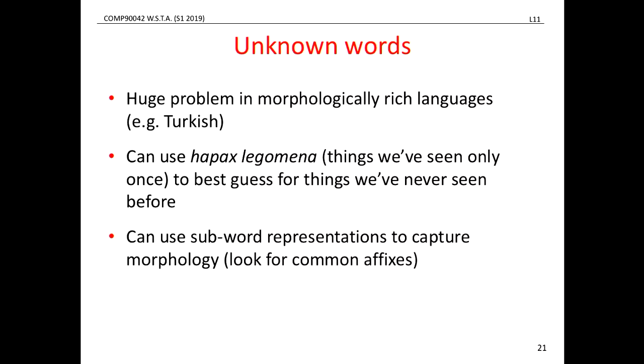And this works fairly well. If you see something ends with "ed", perhaps it's a verb in past tense. If it ends in "ing", that'll give you a clue as well. A lot of the best methods are using this sort of subword-level information, even for English, which is a fairly impoverished language in terms of morphology.